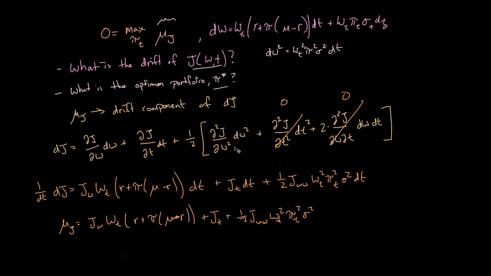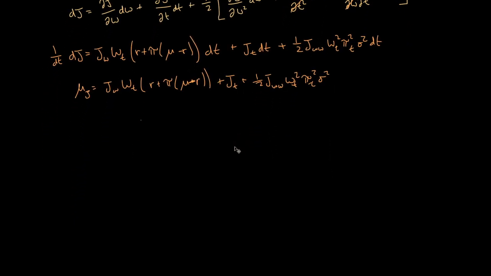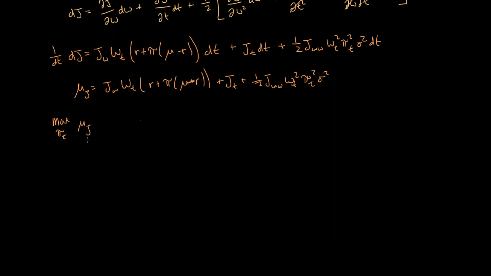Great. So we're going to use this, remember, to get our first order condition, because we know that we want to maximize this mu J with respect to pi. So our first order condition will just be d mu J over d pi_t equals 0.